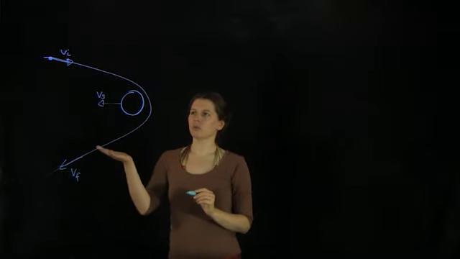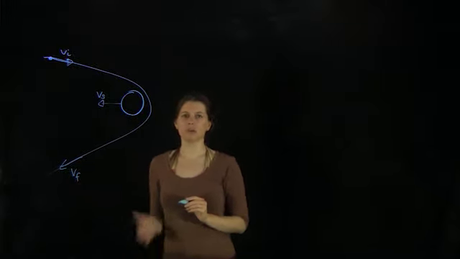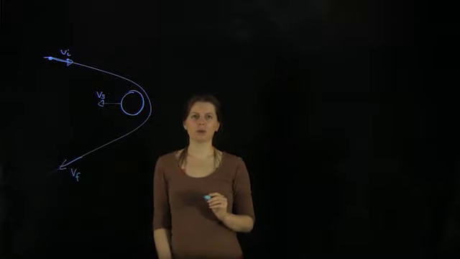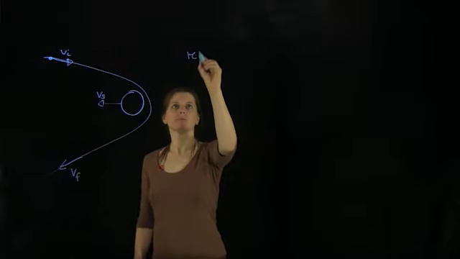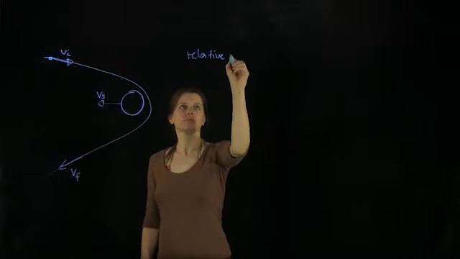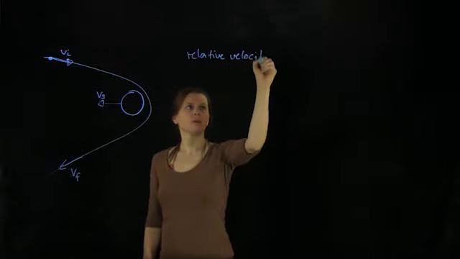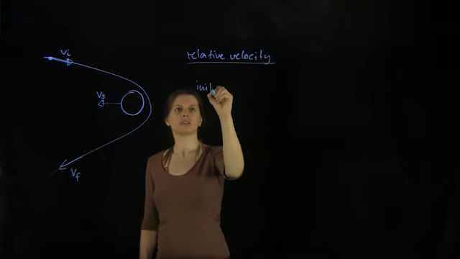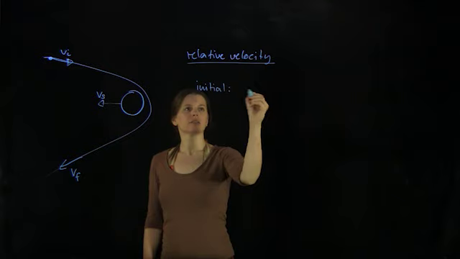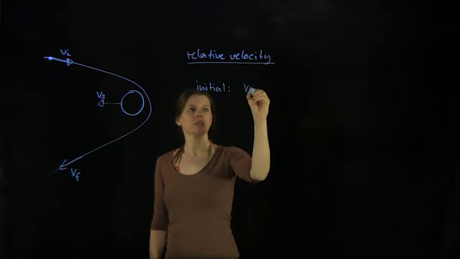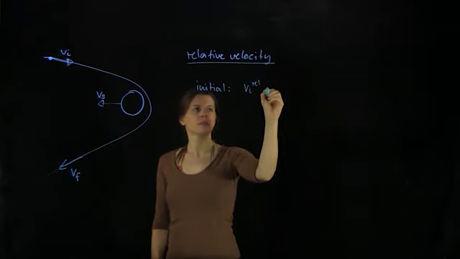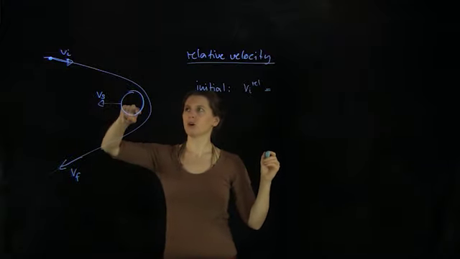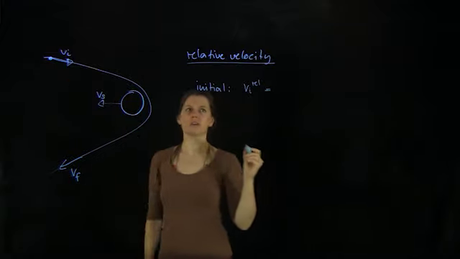And in order to calculate what this final velocity is going to be, what the increase in speed is going to be, we need the concept of relative velocity. And for that, we need to first consider some initial state. So we have the relative velocity initially, and that is the difference between those two velocities, between the spacecraft and Saturn.